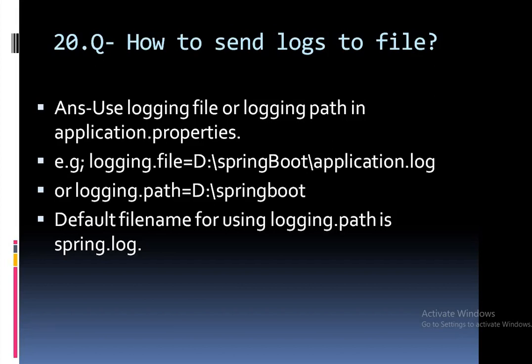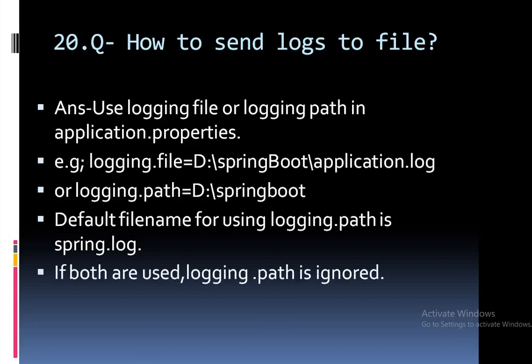But if we mention a file name in logging.file, like application.log, then the logs will be stored in that file. If both logging.file and logging.path are used, then logging.path is ignored, and the logs will be stored in the file mentioned in logging.file.